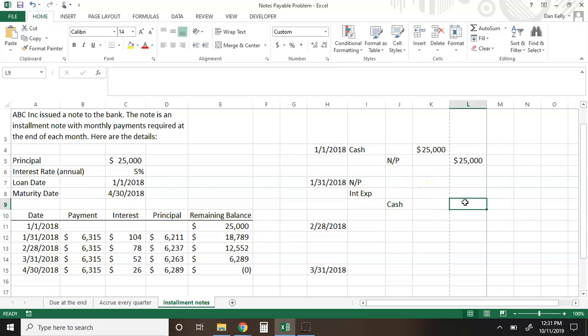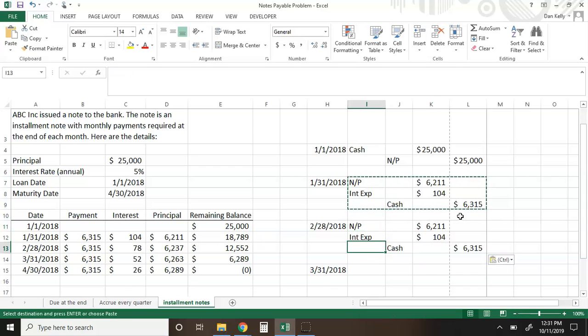Cash is in the amount of $6,315. Notes payable is $6,211. This is all based on our schedule, and interest expense is $104. So $104 to interest, $6,211 to principal. That totals up to $6,315.